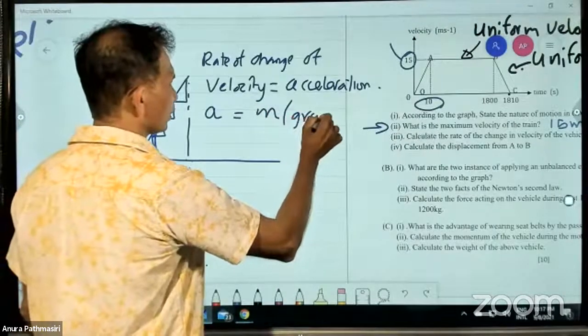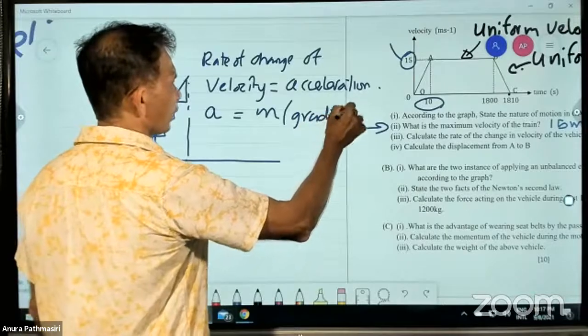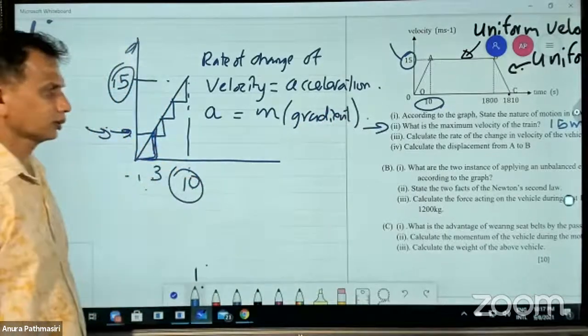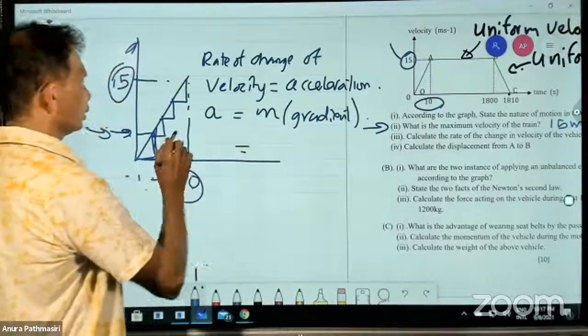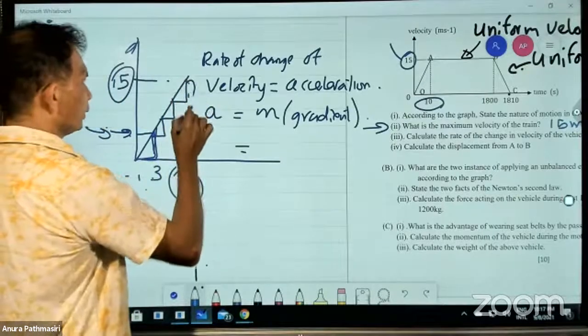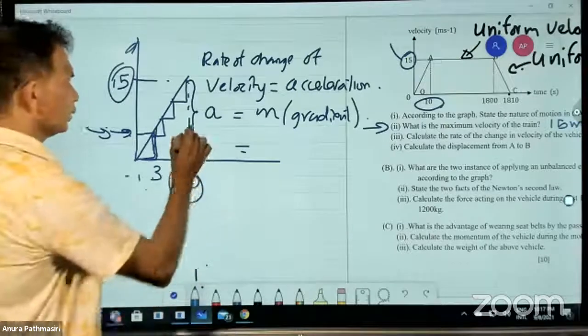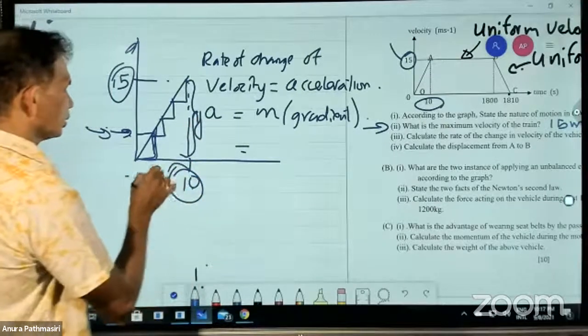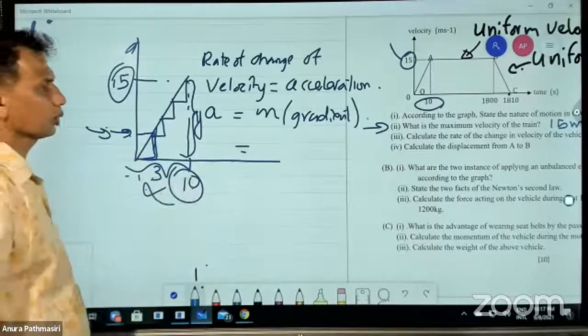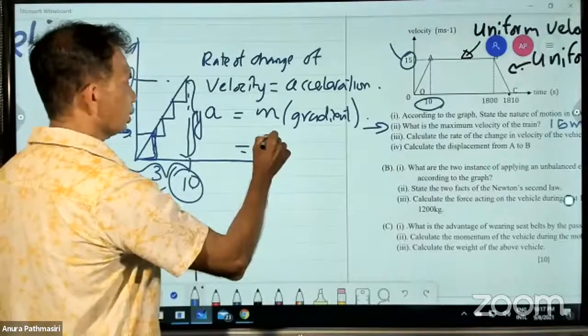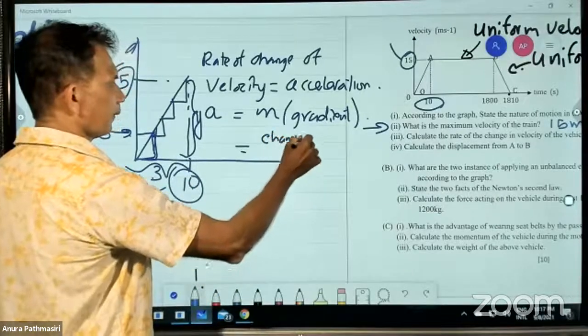Acceleration is equal to m. What's m? Gradient. M is gradient. So the gradient can be calculated by dividing the change in y by the change in x.